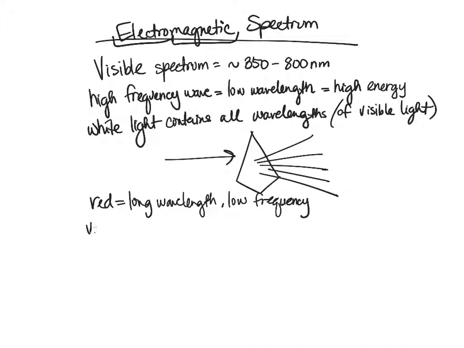And conversely, our violet, the other end of the visible spectrum, has short wavelength and high frequency. And then, of course, we have everything in between. So we have the red, the orange, the yellow, the green, the blue, the indigo, the violet.